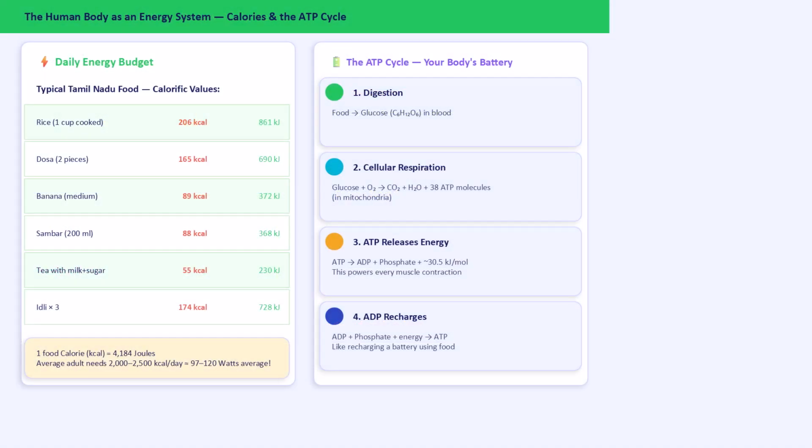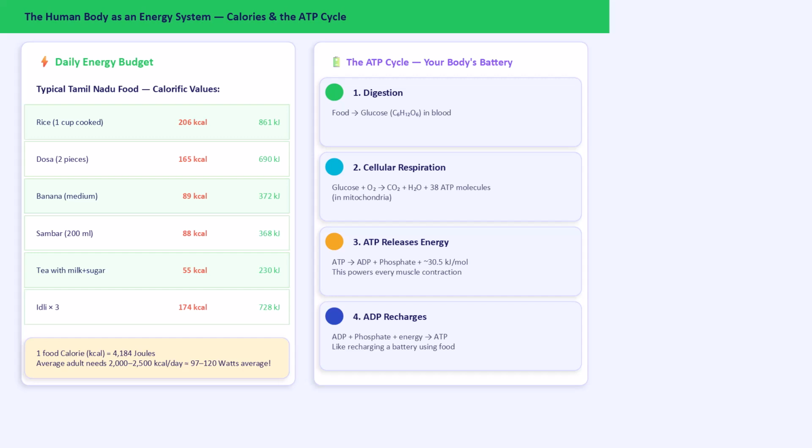The human body is a sophisticated energy conversion machine. Food provides chemical energy in the form of carbohydrates, fats, and proteins. When you digest a cup of rice, it releases about 206 kilocalories or 861 kilojoules. Your cells convert this glucose into a molecule called adenosine triphosphate, ATP.